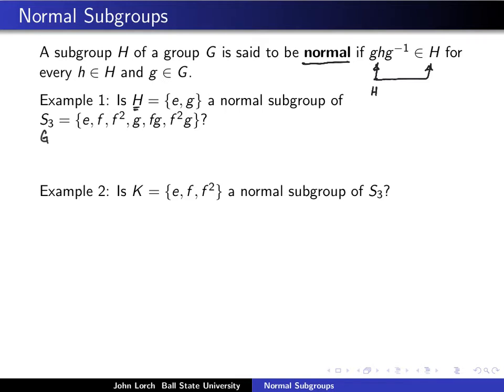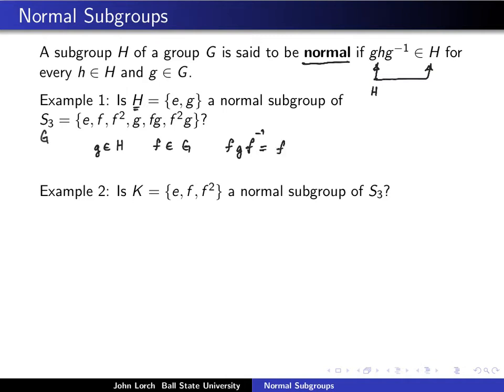But anyway, let's see. Let's start with an element in capital H, and let's then pick an element in the larger group. Let's say F, and we're going to conjugate the element of H by the element of capital G. That means we're going to multiply F, G, F inverse.